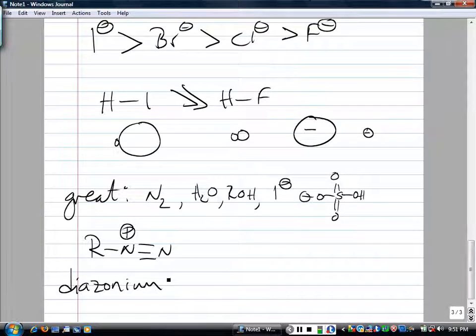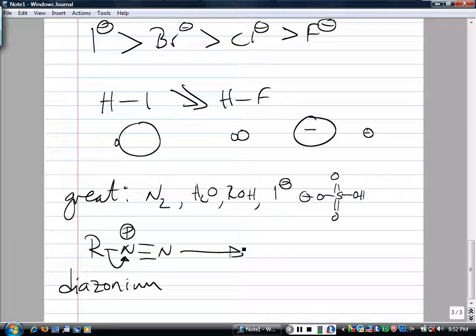If I look at nitrogen in the diazonium ion, remember, N is one of the world's three most electronegative elements. The N here is not only one of the world's three most electronegative elements, it is N plus, so its electronegativity is hyped up, and it's also sp hybridized. So it's an sp hybridized N plus, which therefore is going to be super at sucking electrons from R. So this motion of electrons is going to be very, very intense.